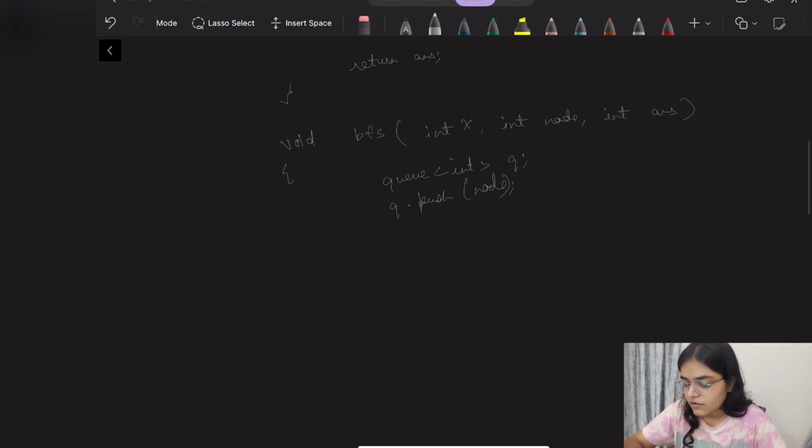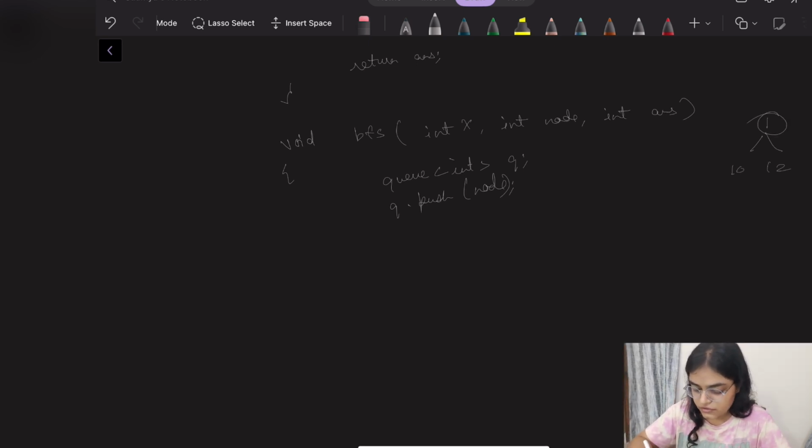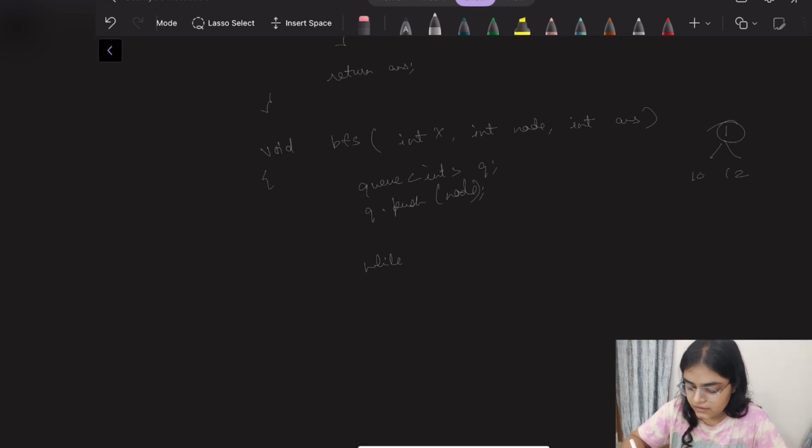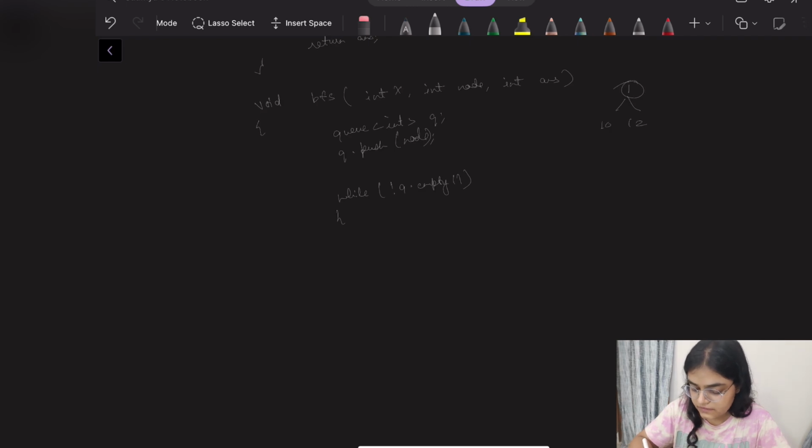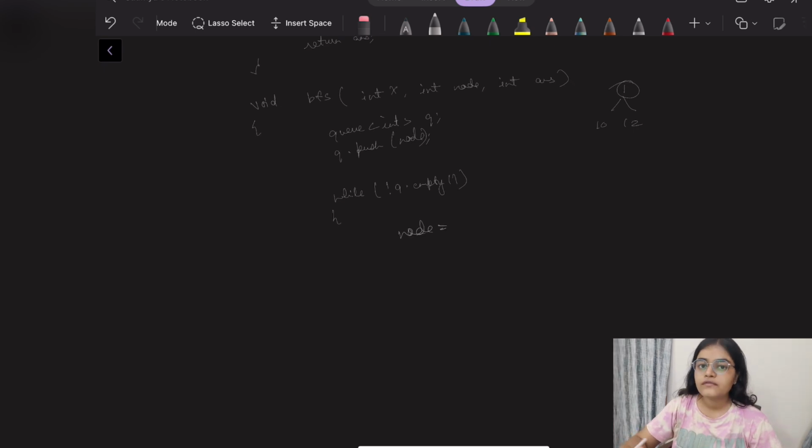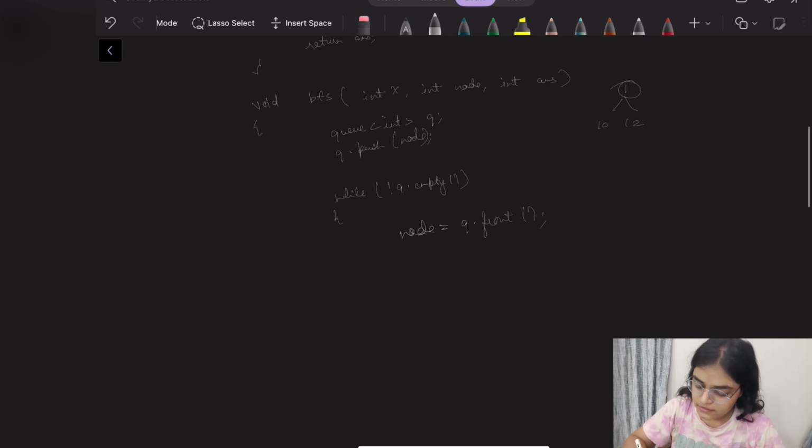As we have seen, for 1 we'll be making a tree something like this, so 1 is also included. So we have pushed it into the queue. Now while the queue is not empty, we'll go into the loop and take the front one. Now our further node will be related to the previous node, so we'll replace the node with queue dot front, and then keep popping it.